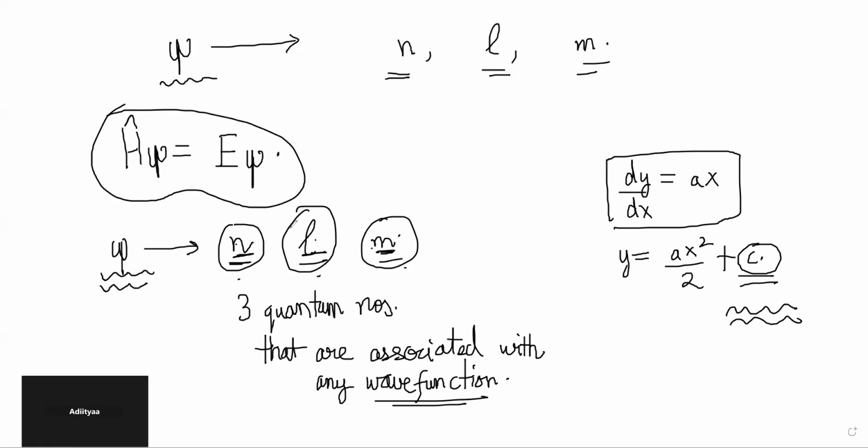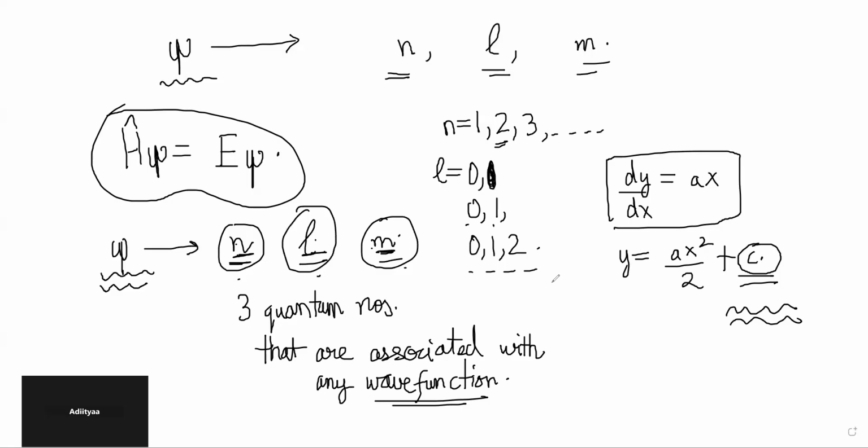You have learned the rules, no? The n starts from 1, 2, 3, and so on. L can go from 0 up to n minus one, right? L can go from 0, 0, 1 for this one, and 0, 1, 2 for this one, and so on, right?